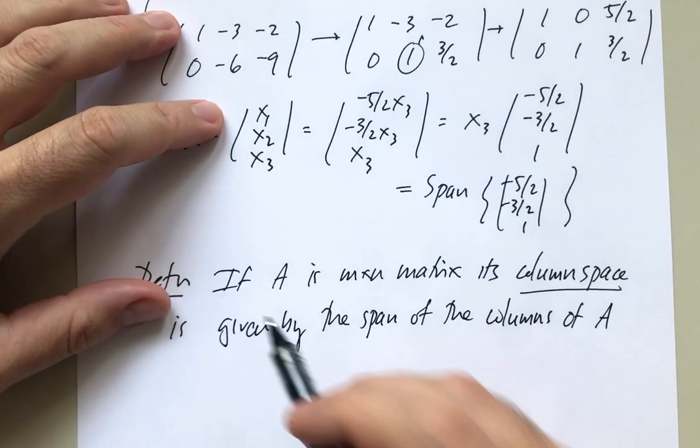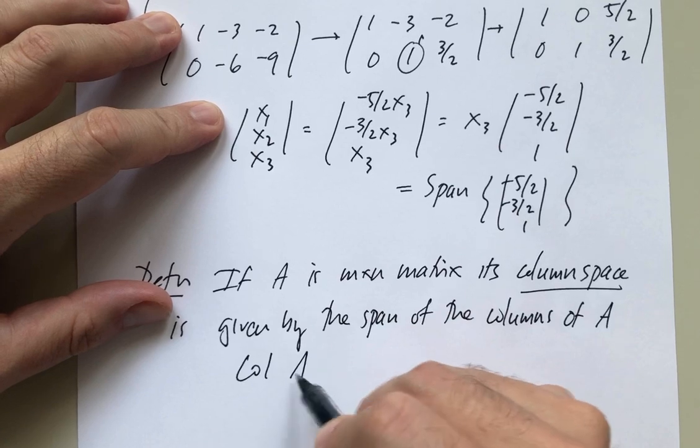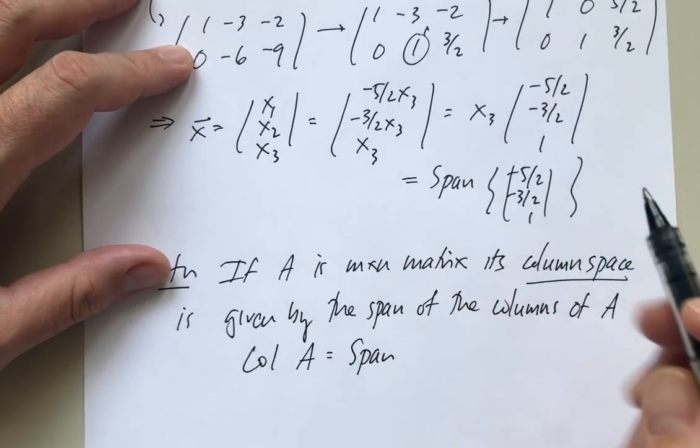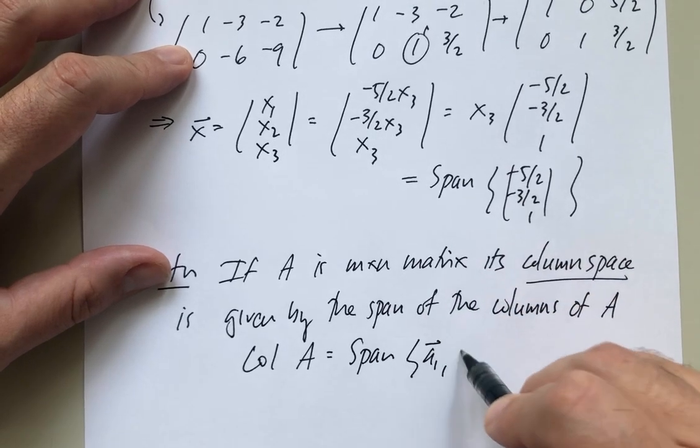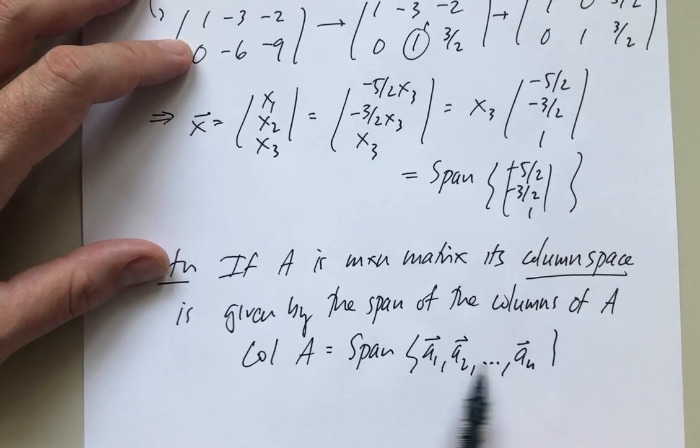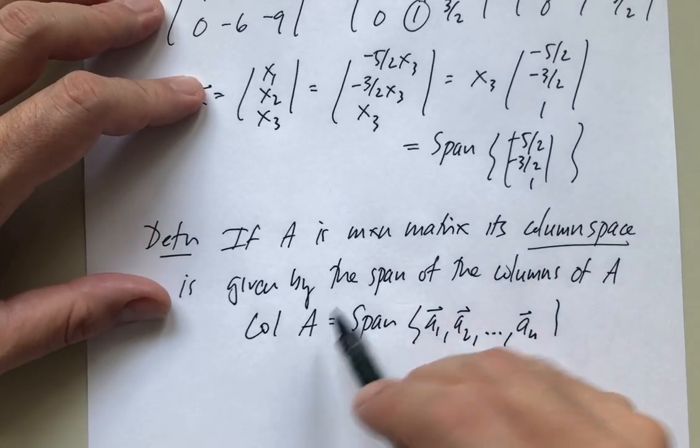So the column space of A, which we write COL A, will be the span of a1, a2 through an. There are n columns. These are the columns of A.